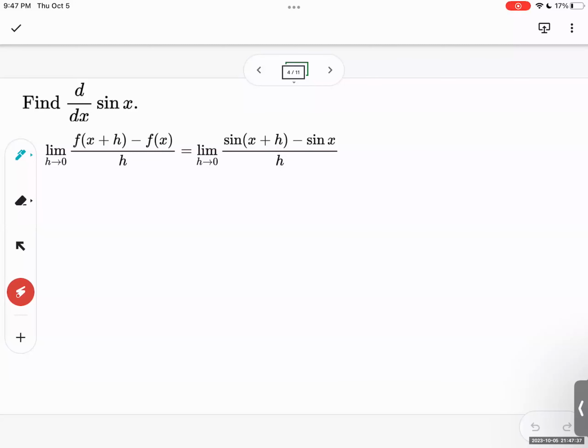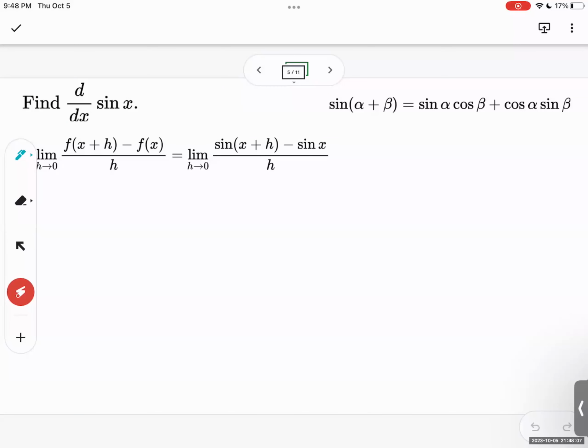So now we apply our function f of x equals sine x. So f of x plus h is sine of x plus h, minus sine x, over h. Now we're going to apply that sum formula from a couple slides back.